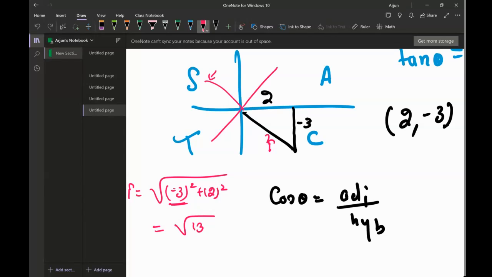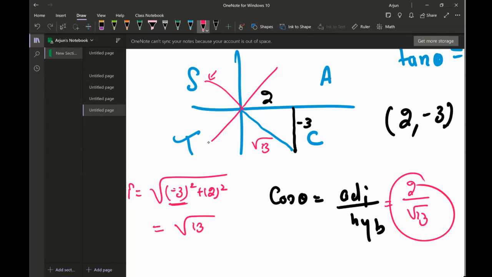Any point in this direction will still give a positive value, because the square of any negative term is positive. So this r value comes out to be square root of 13. Cosine is adjacent upon hypotenuse, which is 2 upon square root of 13.